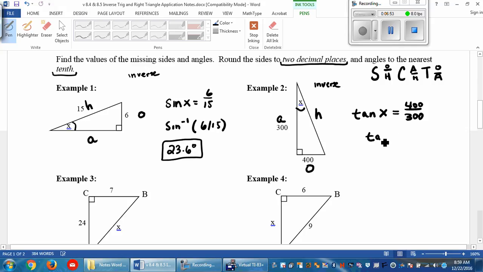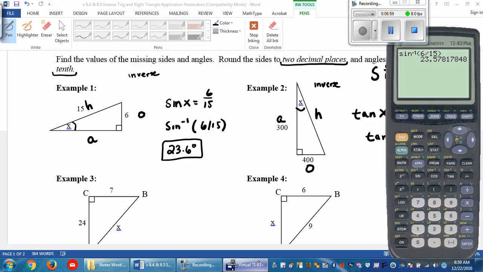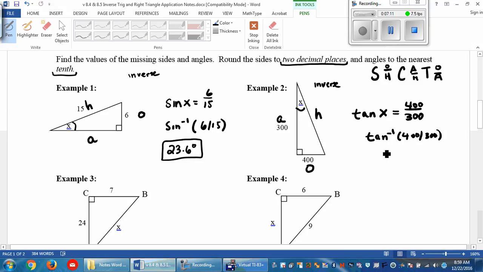So your calculation would be an inverse tan of 400 divided by 300. For your calculator, inverse tan 400 divided by 300, enter, 53.1 degrees.